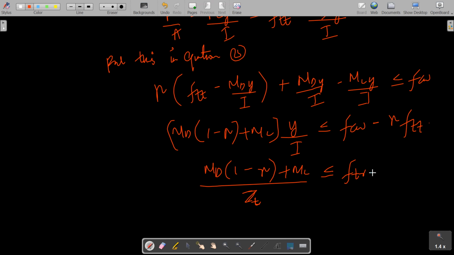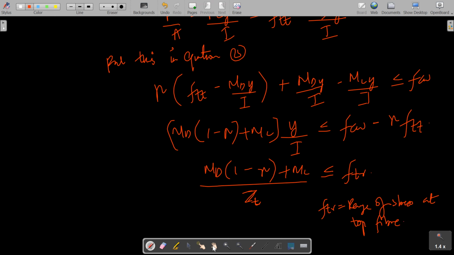That is, FTR is a quantity given as FTR is equal to FCW minus eta times FTT, and it is the range of stress at the top fiber. That is this FTR, I can write it as FTR is equal to range of stress at top fiber.